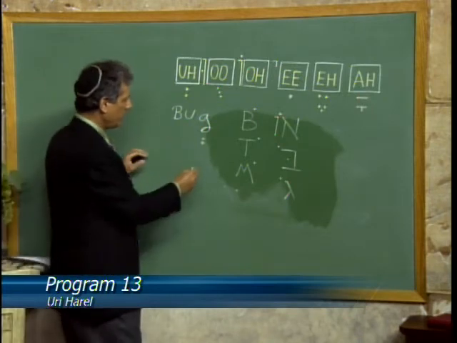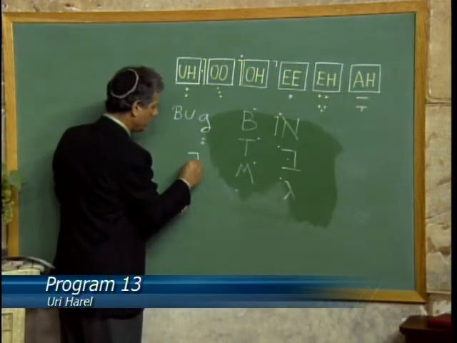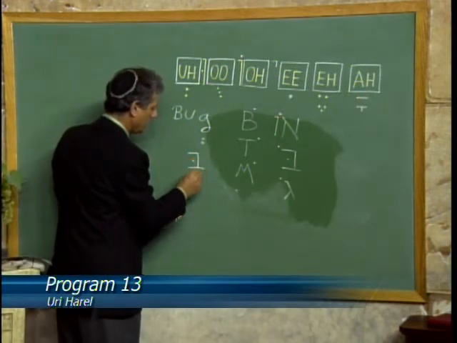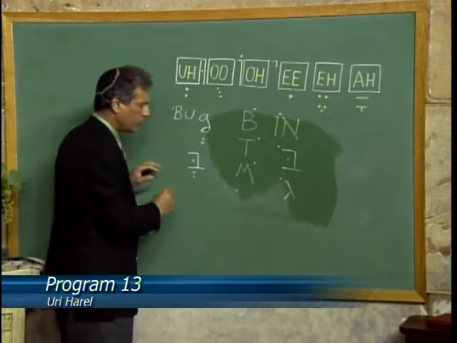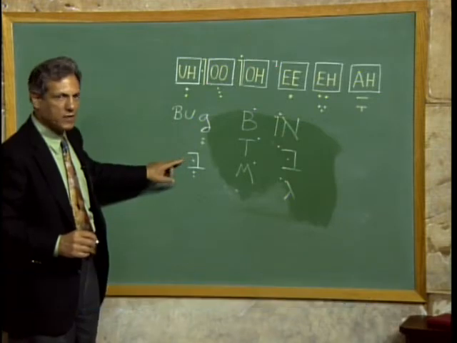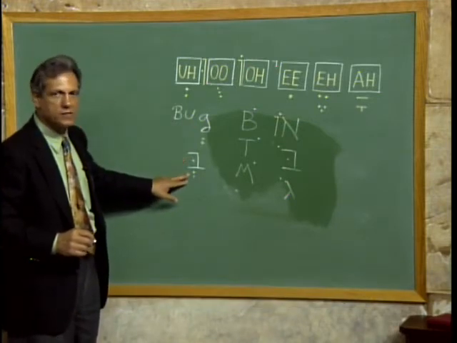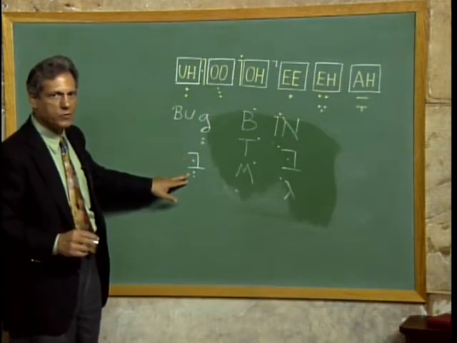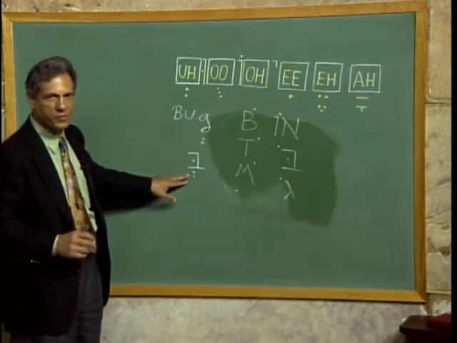So we take the letter Bet, like the first letter of the Torah. It's the letter Bet, and with this vowel it is Bu. That's the way it was depicted in the text of the Bible.